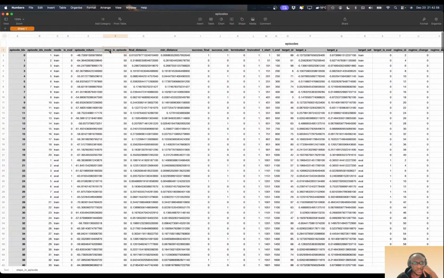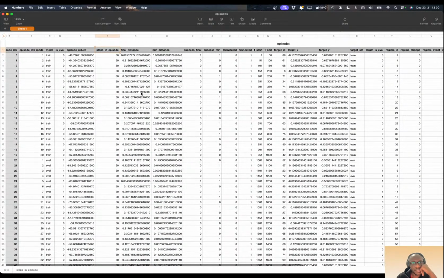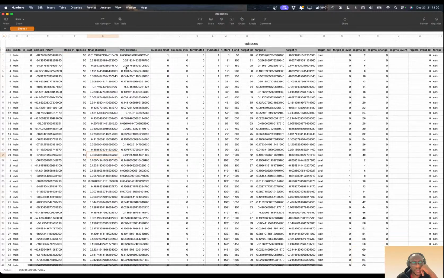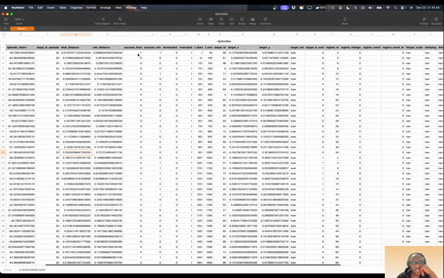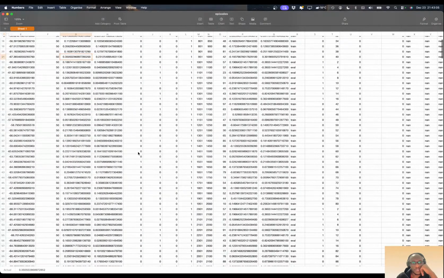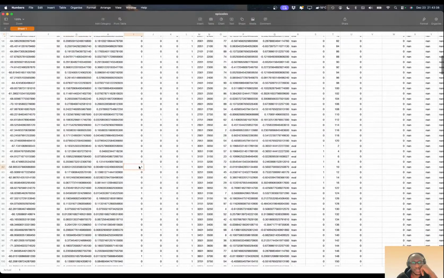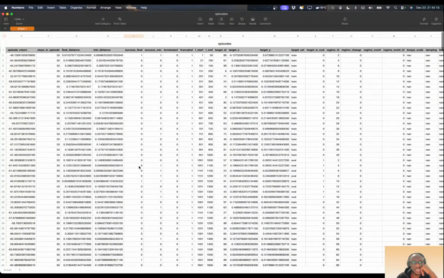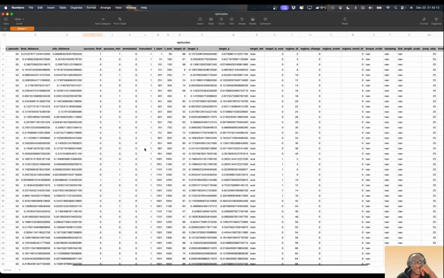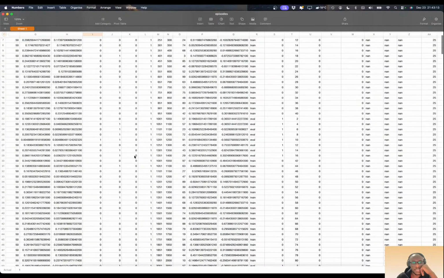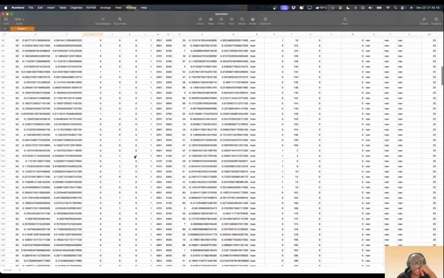Steps in episodes is always 50, and then distance is measured. Then we have mean distance. We have success, which is 0 and 1, and terminated, none is terminated.